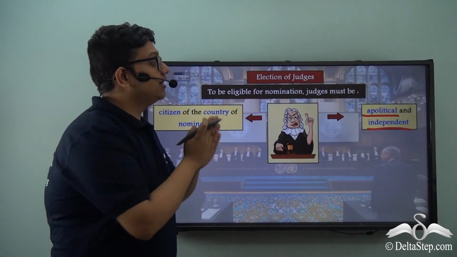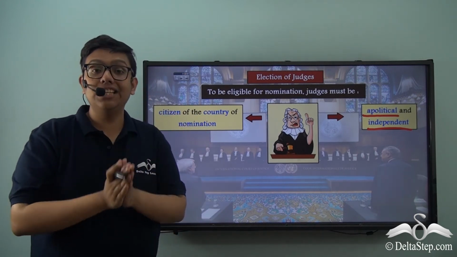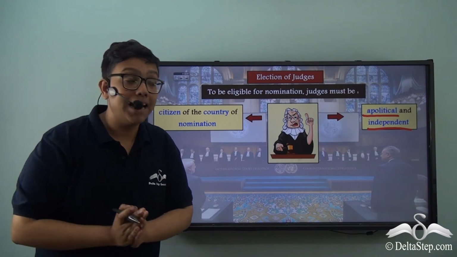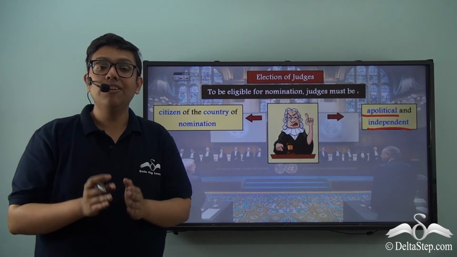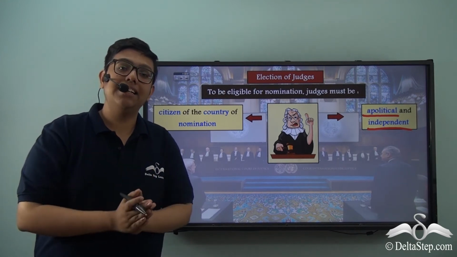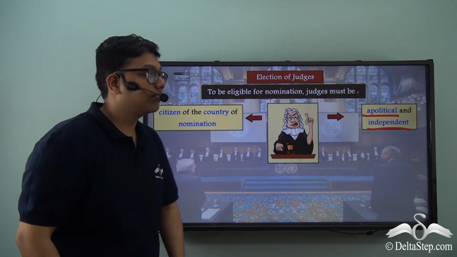This is because once elected, the judges of the ICJ no longer have any national affiliation and they act as independent magistrates, and they need to be apolitical so that they can leave the politics of their homeland behind and can be truly unbiased when delivering judgments.